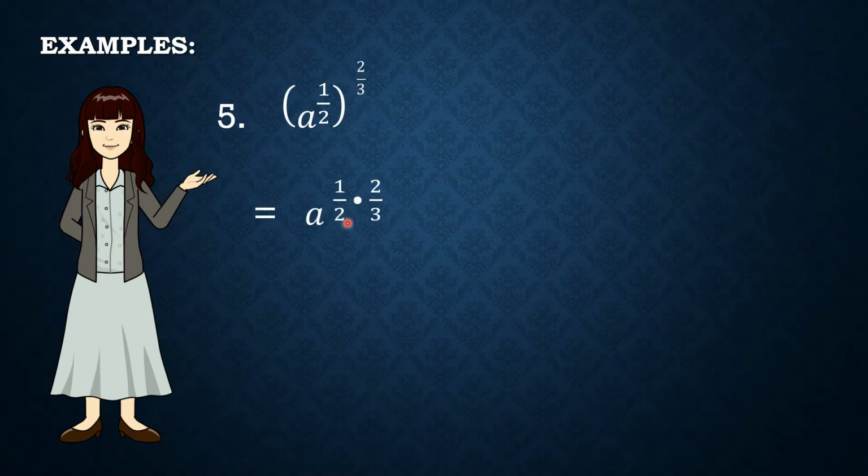So we have a raised to 1/2 times 2/3. 1 times 2 is 2, 2 times 3 is 6. So we have a raised to 2 over 6. When we simplify 2 over 6 to the lowest term, it becomes a raised to 1/3. And that will be the answer.